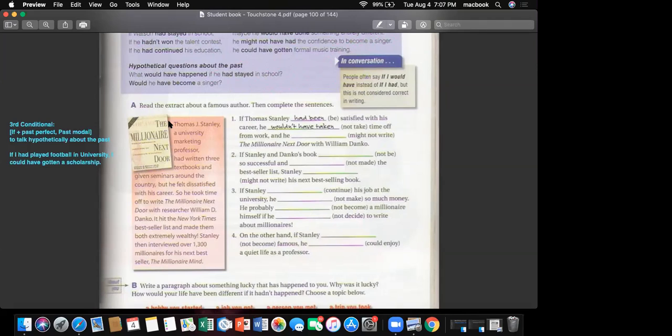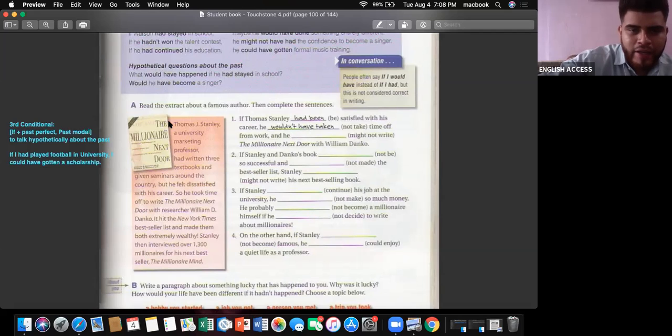With research by William D. Danko, it hit the New York Times bestseller list and made them both extremely wealthy. Stanley then interviewed over 1,300 millionaires for his next bestseller, The Millionaire Mind.